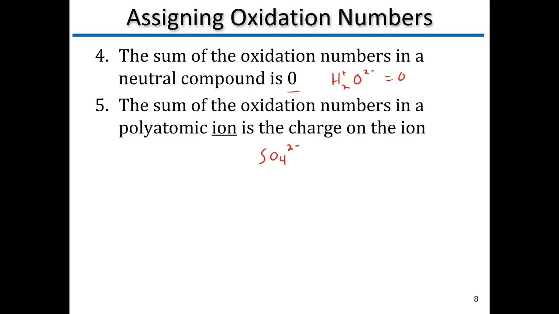For the entire ion, I know oxygen is going to be -2, so times 4 gives us -8. That tells me that sulfur has to be +6. This has to add up to -2. In other words, I need a +6 to balance 6 of these negative charges to leave me with 2 negative charges. The total of these oxidation numbers has to be equal to the charge.